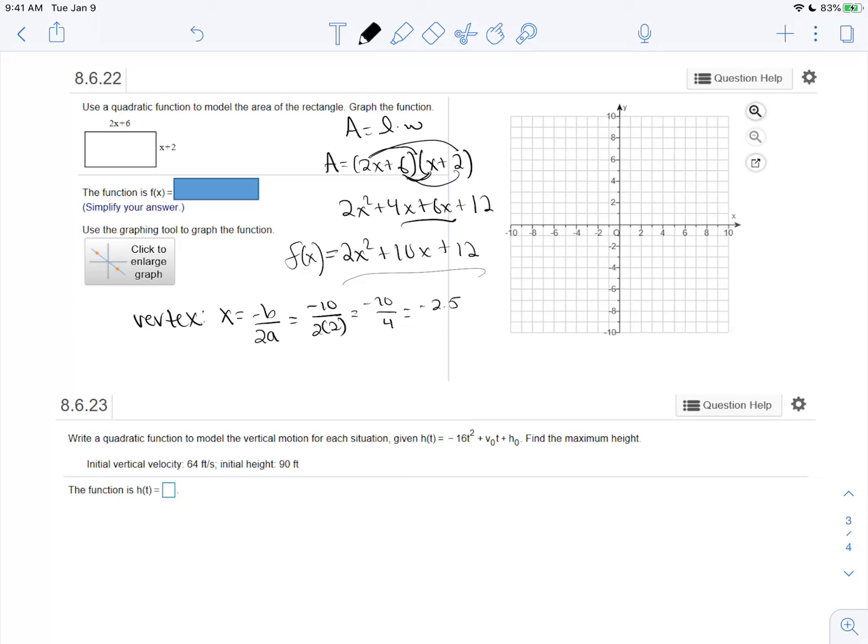Now I'm going to plug that in to this equation here. So f of x equals 2 times negative 2.5 squared plus 10 times negative 2.5 plus 12, right? So I have to plug that whole thing in my calculator.